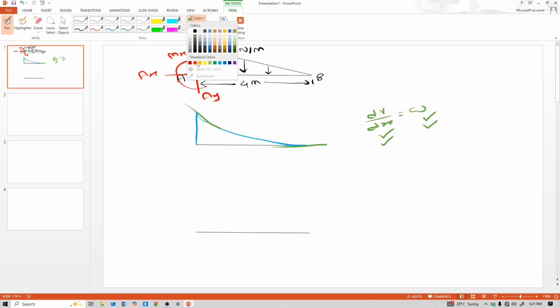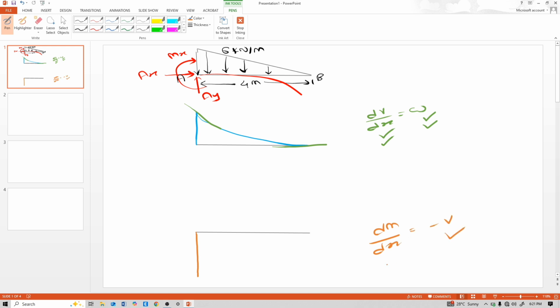Now this beam deflects like this. That means hogging bending moment is generated. So here this goes downward. At A there is fixed support, that means reaction comes, and here see dm by dx is equal to minus v.